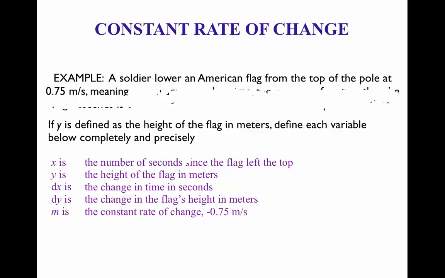So for every second, the change in height is negative 0.75 meters. For every second that goes by, the height goes down 0.75 meters. How'd I do? Good or bad?